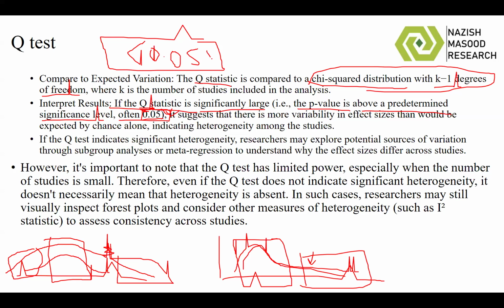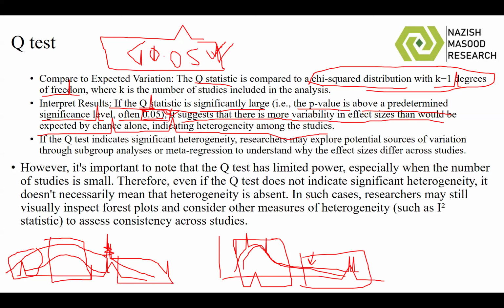If it is less than 0.05, we say that there is significant heterogeneity. But if it is more than 0.05, it means that the Q statistic is not significantly large. So if it is less than 0.05, then it means that there is more variability in the effect sizes than would be expected by chance alone, indicating heterogeneity among studies.